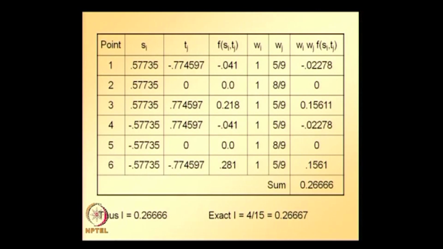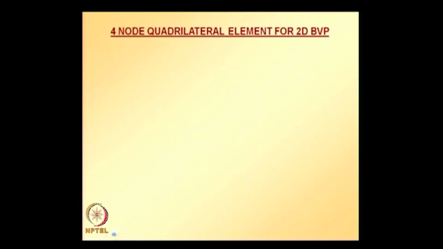Let us take the simplest element under the quadrilateral element category, that is the 4 node quadrilateral element for 2 dimensional boundary value problems.